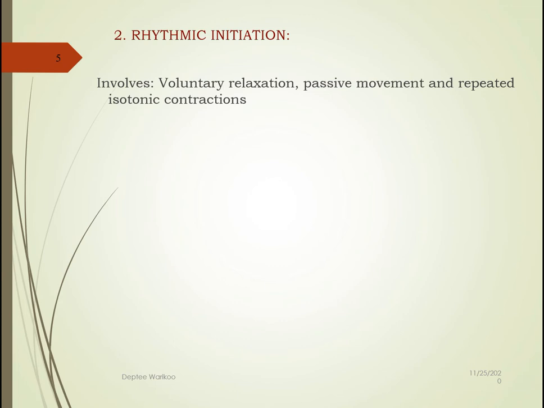So it helps the patient to understand the rate at which the movement has to occur. And by practicing this again and again, practicing assisted or active movements, this also helps the patient to learn a particular movement. So as we see, it involves voluntary relaxation, passive movements, and repeated isotonic contraction.